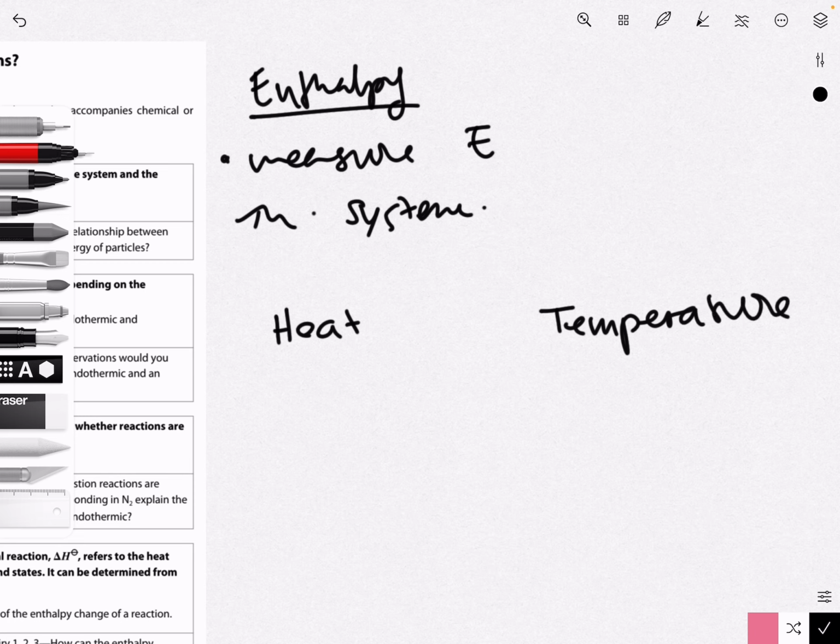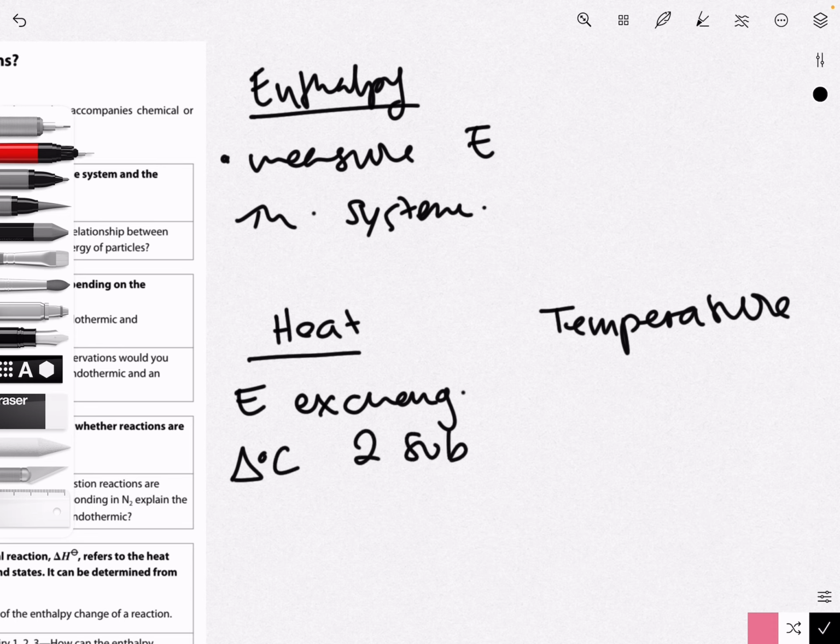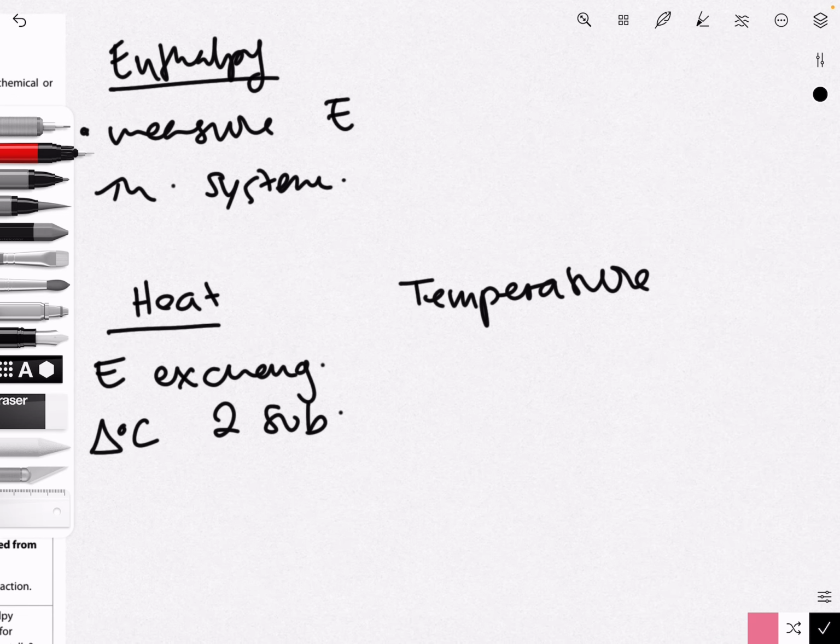Heat refers to the energy exchanged due to a change in temperature between two substances. Differently, temperature is simply a measurement of the average kinetic energy of particles in an object.